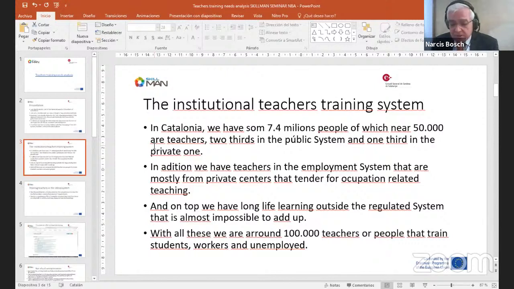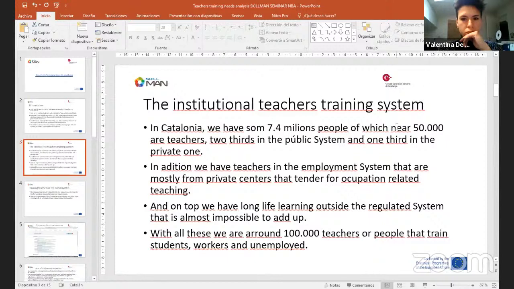We have in our region quite a developed institutional teacher training system. We are some 7.5 million people, and we have nearly 50,000 teachers, 2/3 in the public system and 1/3 in the private one.